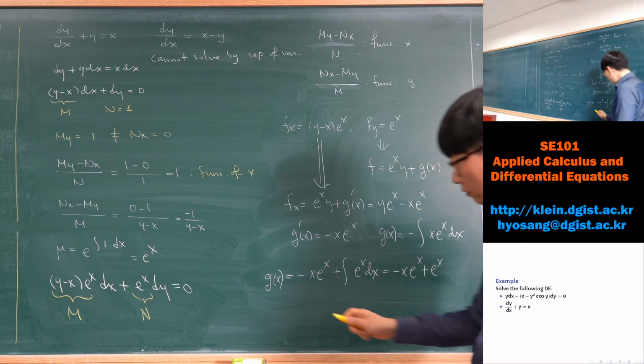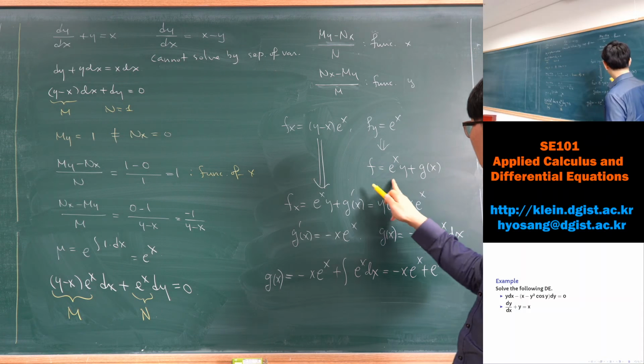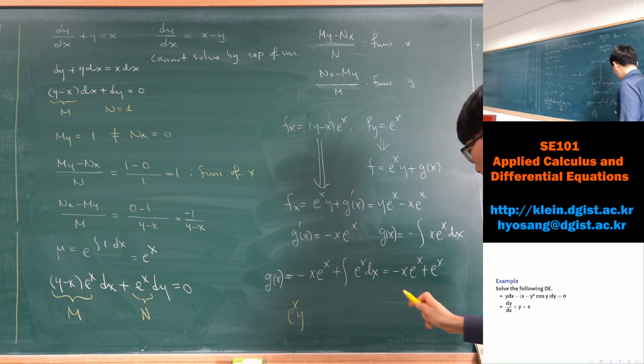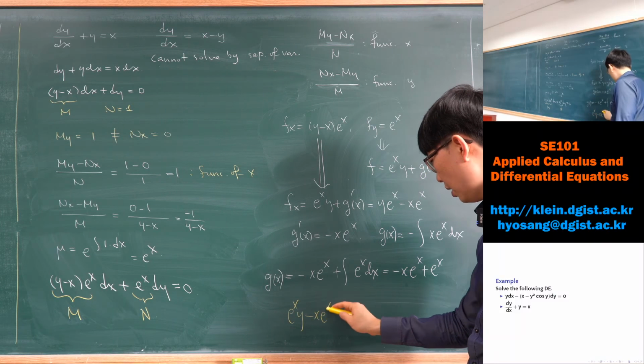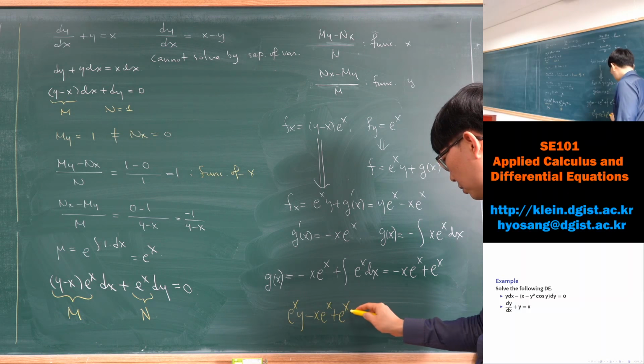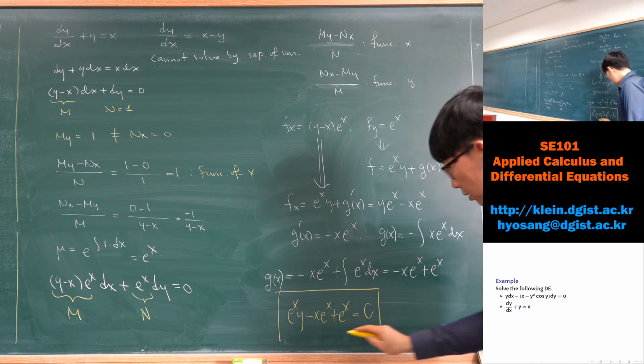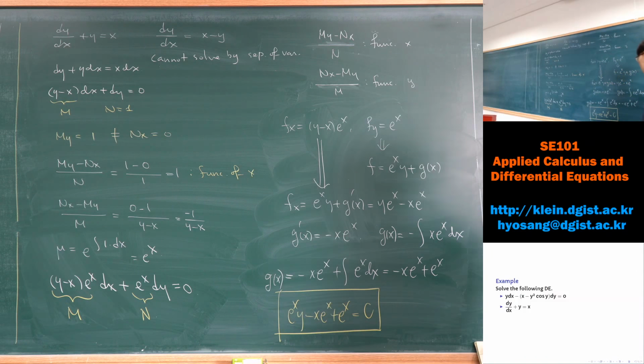So the solution is e^x y plus g(x), which is minus x e^x plus e^x, equals some constant. This is the implicit solution.